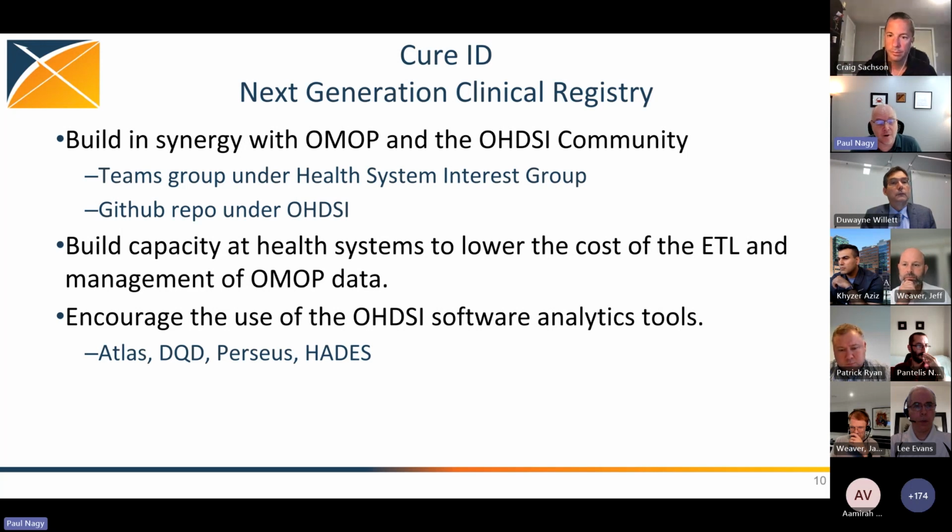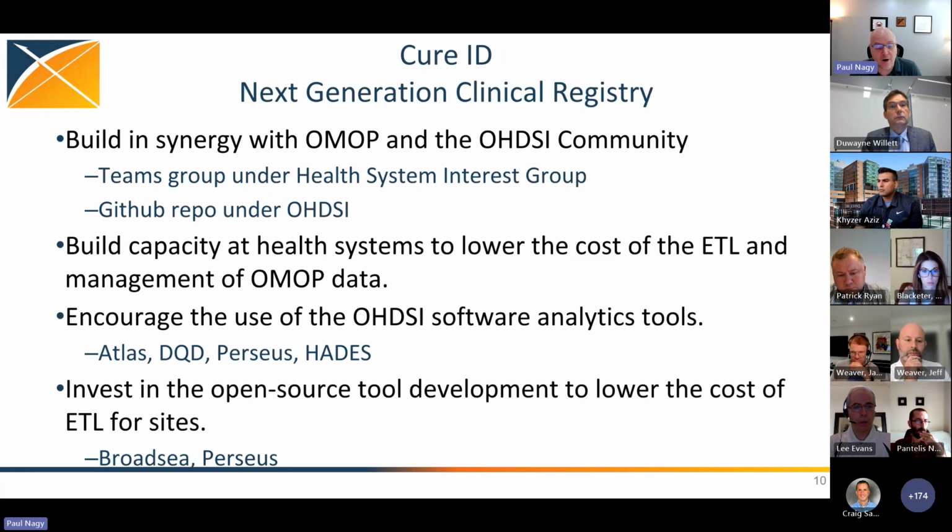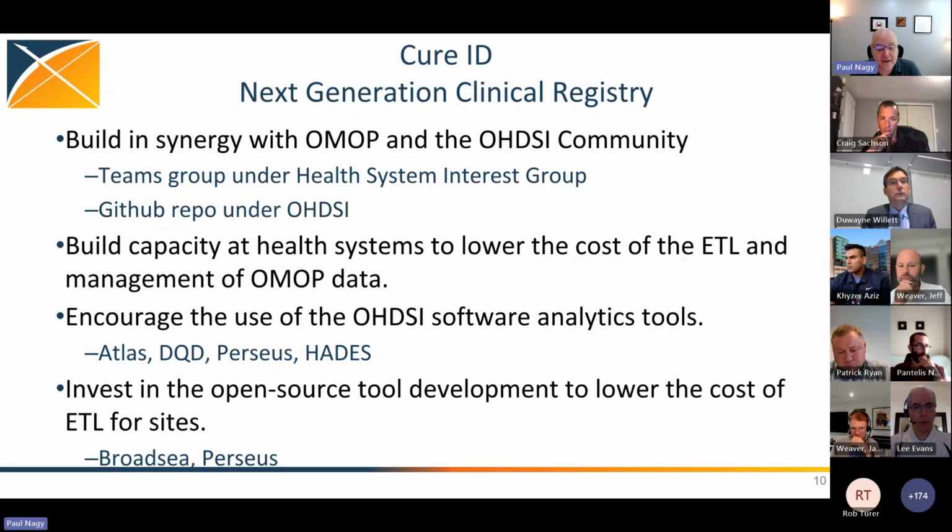And so one of our missions within CureID was trying to figure out ways that we can get the OHDSI software into health systems in a way that they could use it to help them with their data journey within OHDSI. And lastly, they also, as part of that, were willing to invest in the open source development for Perseus, for Broadsea, to help us lower the cost of ETL sites.